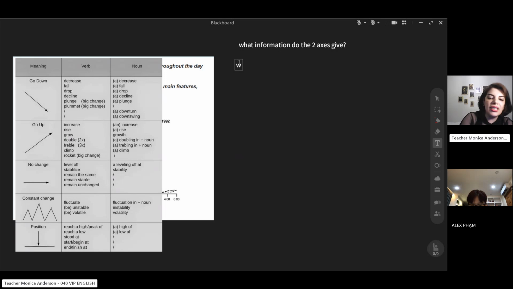After that, what are the units of measurement? You need to know that. And what are the time periods?